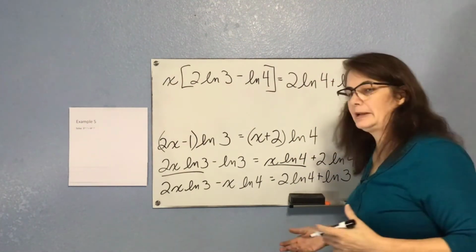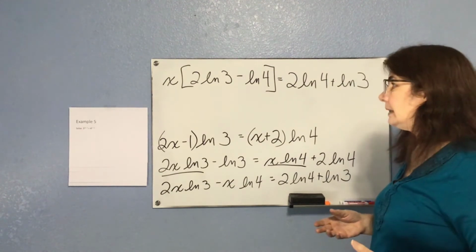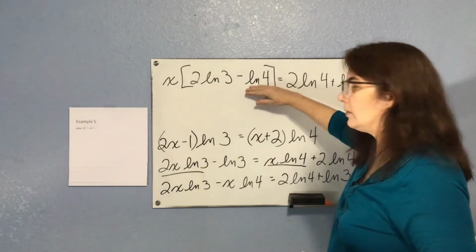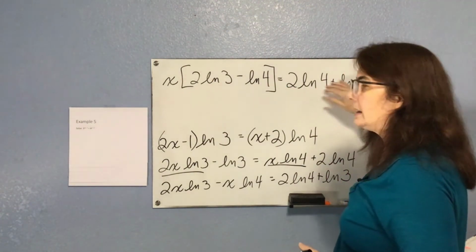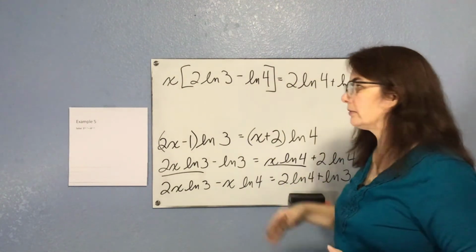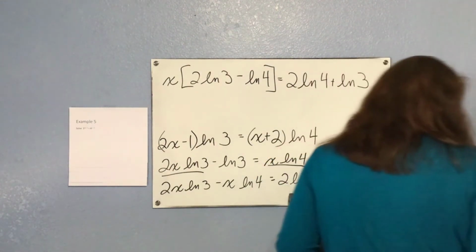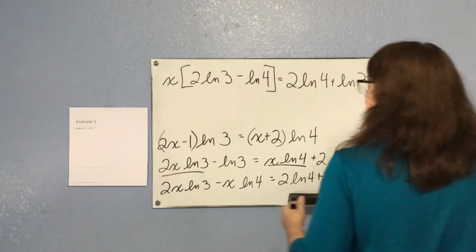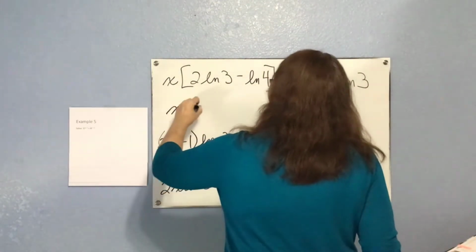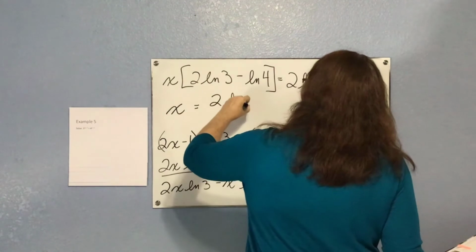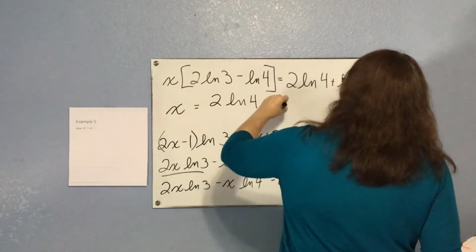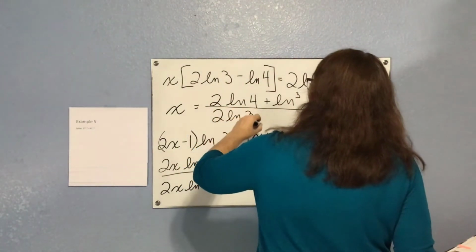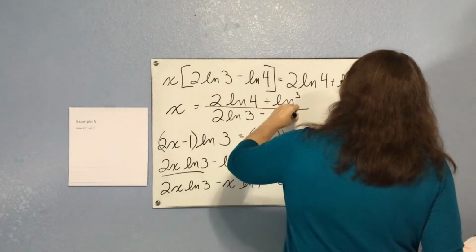Now this looks like I really haven't simplified it much, but in reality I have, because all these natural log of 3, natural log of 4, natural log of 4, natural log of 3, these are constants. I can get those from the calculator. So that's all I need to do. If you want to, you could rewrite this one more time and have 2 natural log 4 plus natural log 3 divided by 2 natural log 3 minus natural log 4.